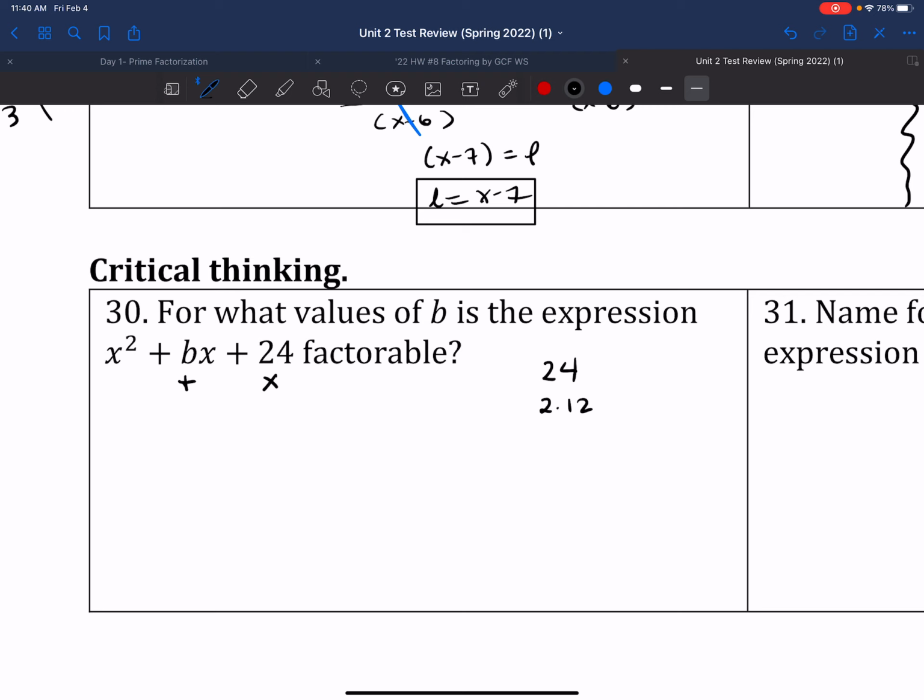And what else do we have? 4 and 6. 6, 12, 18, 24. That's good. What else do I have? 8 and 3. I should have put that up top, but that's totally fine. And then what's next? Do I have 24 and 1?